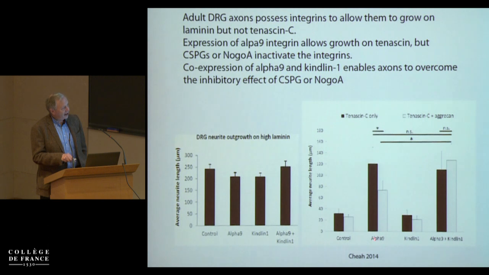But if you express alpha-9 integrin, they do grow, but their growth is inhibited by either Nogo or chondroitin sulfates. So if we now express alpha-9 plus activating kindlin-1, we can now get growth on tenascin, but also we can overcome the inhibition of the chondroitin sulfate proteoglycans by activating the integrin.